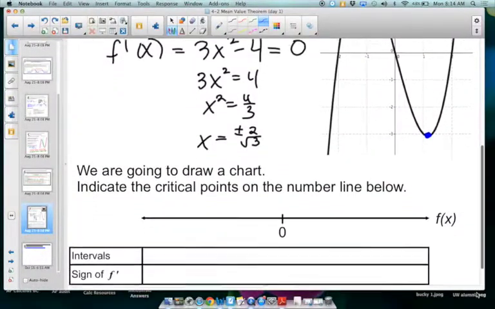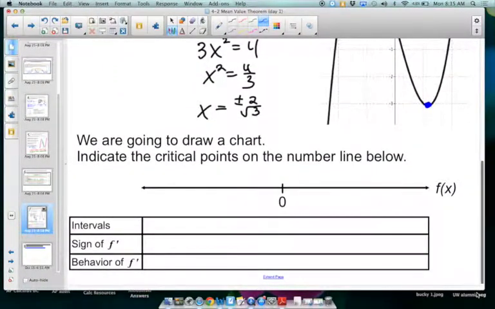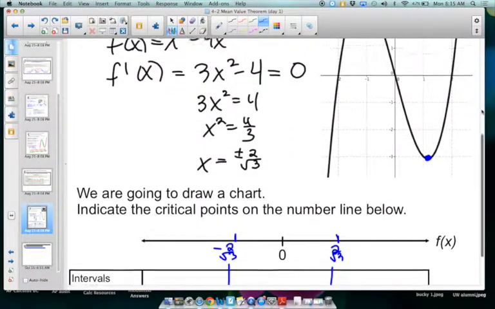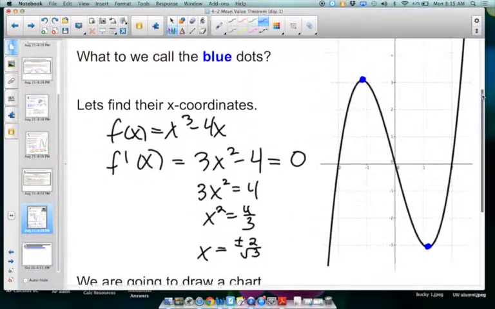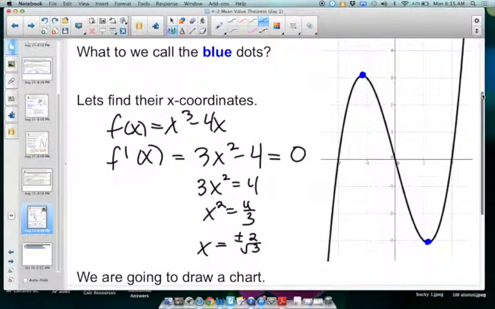So we can draw a chart then. This represents -2/√3, and this represents 2/√3. And so the question is for this interval, what is that function doing?